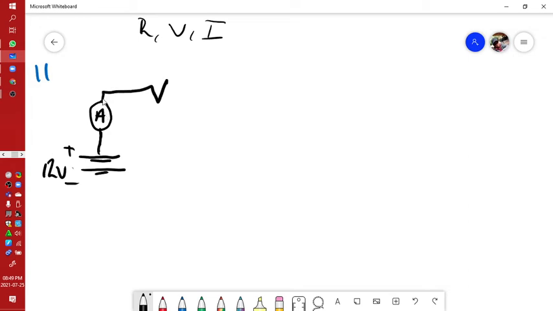Then we have a resistor, and we also have a voltmeter V1. This instrument, voltmeter V1, is used to measure your voltage, the potential difference. Then we have another resistor here and a voltmeter on top of it.